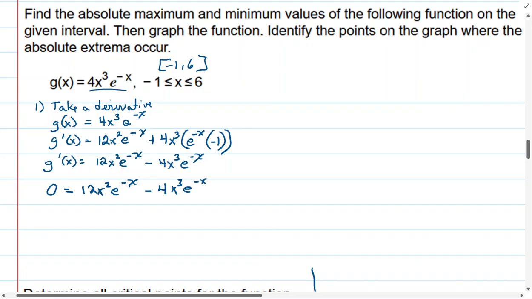Now, folks, there's two ways of seeing this. I can factor out an e to the negative x, and when I make it equal to 0, well, that times 0 is 0. No? All right, let's just do it. Okay, here we go.